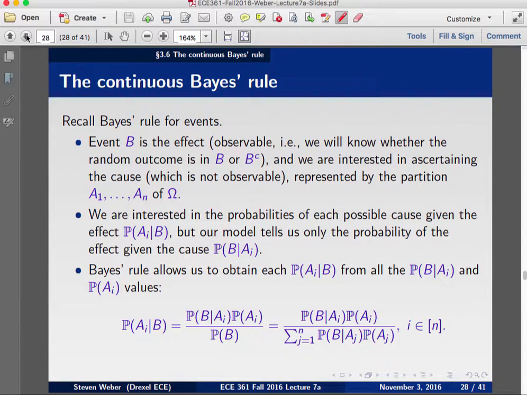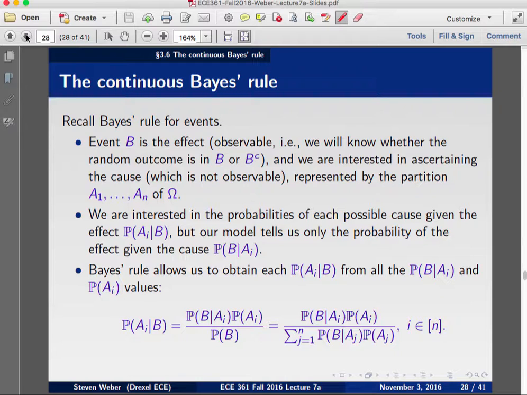Let's recall what we discussed about Bayes' rule back when we discussed the notion of events. The basic idea was that we often have a state of interest which we'll think of as a cause. And so we can think of there being one of n possible causes.